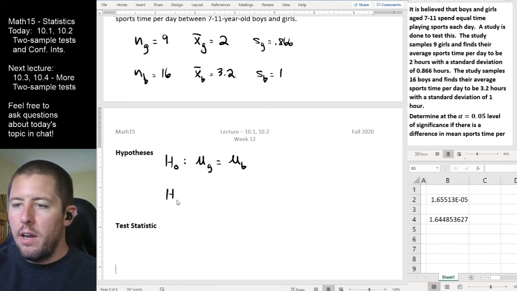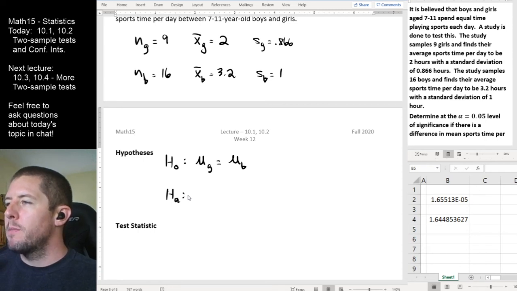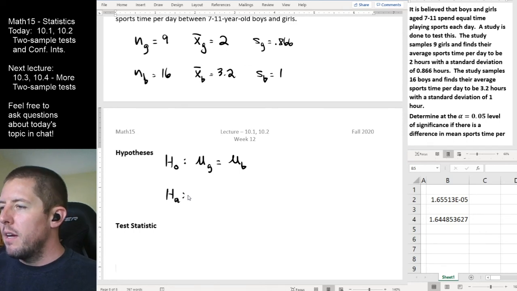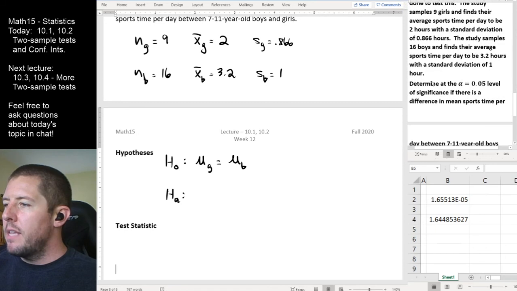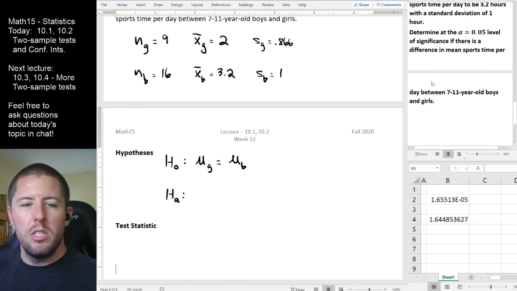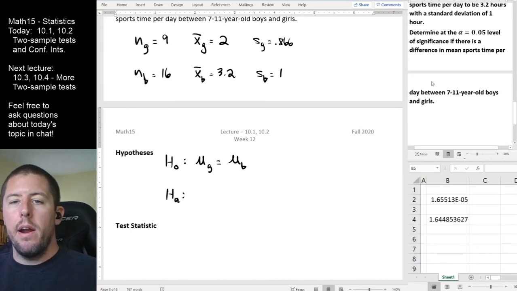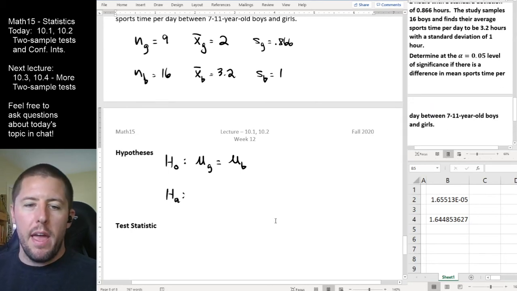On the other hand, our alternative hypothesis, let's see, a study is done to test this. It is believed that they spend equal time playing sports each day. A study is done to test this. So what I'm seeing here is, determine at the alpha equal 0.05 level of significance if there is a difference in mean sports time per day. It doesn't seem to me like anywhere in this paragraph it's been proposed that it's a more than or a less than.